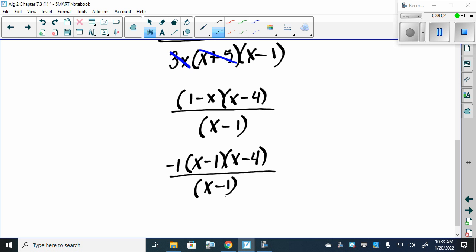So if we have two factors that are similar to each other, but the signs are flipped, and they have to be flipped for both, because on bottom we have a positive x and negative 1. On top, we had a positive 1 and negative x. The signs for both were flipped, so we can factor that negative out, which does make these the same, leaving us with negative x minus 4.